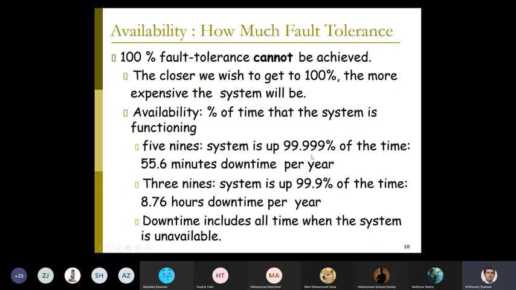That could be 5 nines, like 99.999%. For example, out of 1 year, 5.26 minutes of system downtime is possible, but it should not be greater than that. Similarly for 3 nines and so on, downtime includes all the time when the system is unavailable.